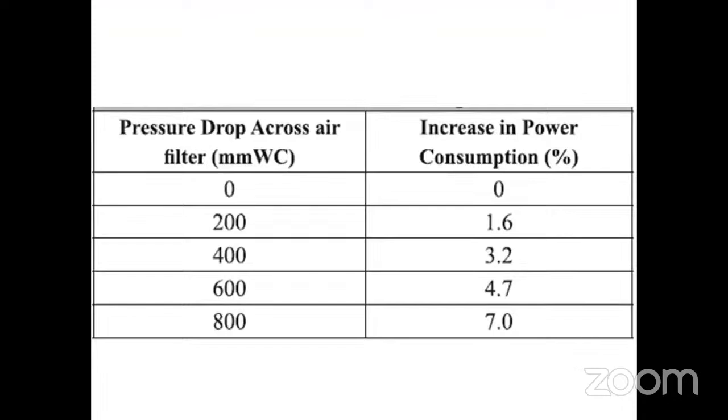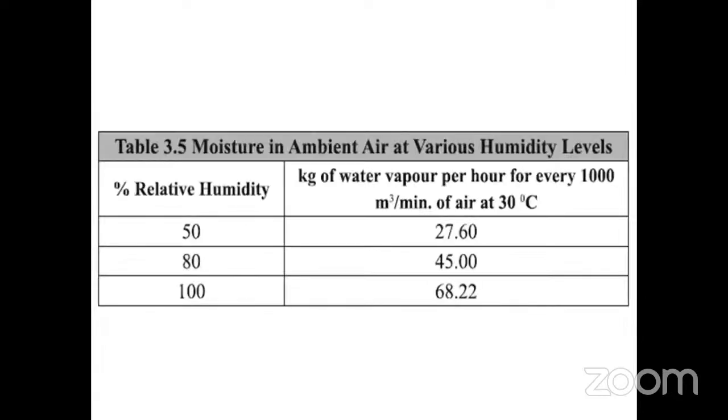See the increased power consumption when the pressure drop across the filter increases, and the moisture in the ambient air, proportionate kilogram of water vapor per hour for every 1000 meters cube per minute.